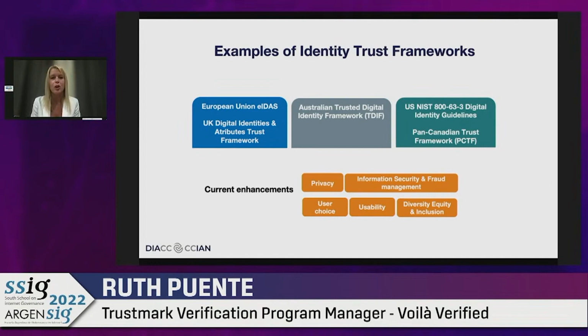There is actual mutual recognition of these kinds of frameworks, but there's still much to be done. The US regulations are based on 800-63, which started in 2011 and has been evolving. The other version was in 2017, and now they are on revision number 4.